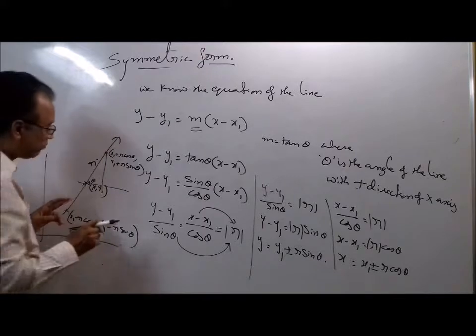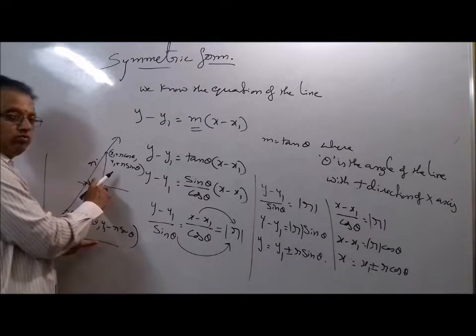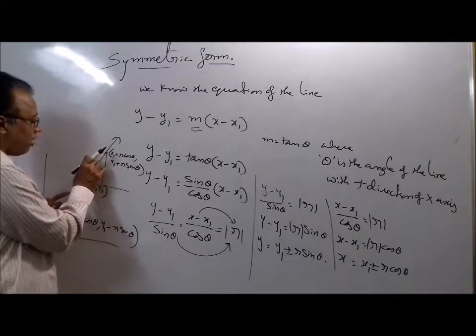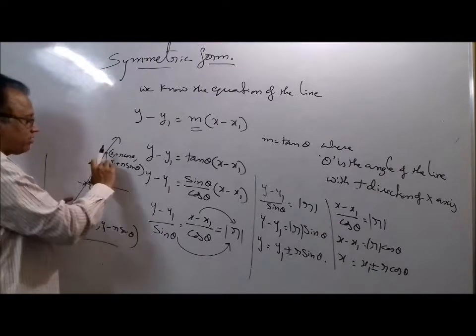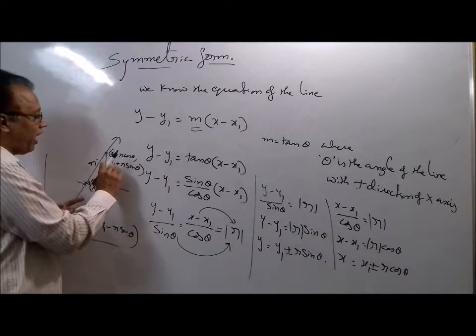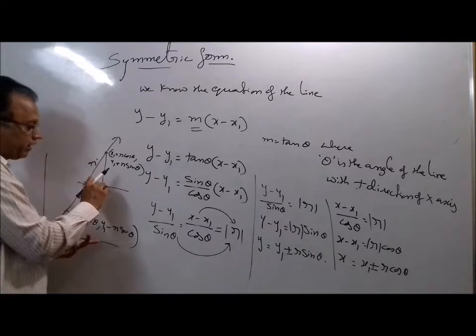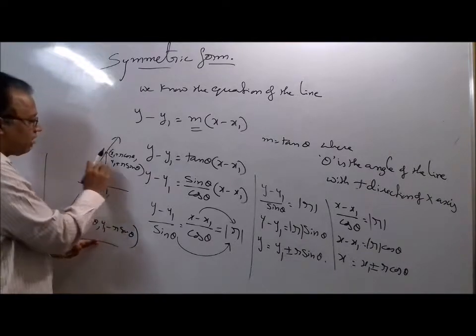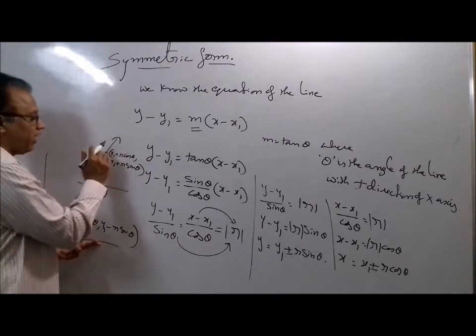And similarly, this is y1. The vertical projection of r is r sin theta, so we add it to y1, and up to here it is y1 plus r sin theta. We are getting this point.